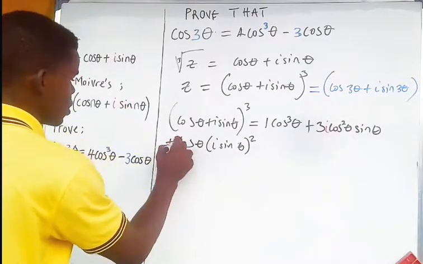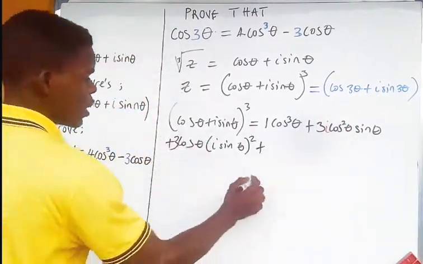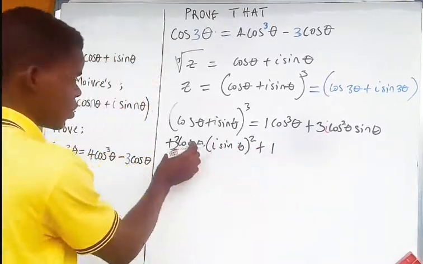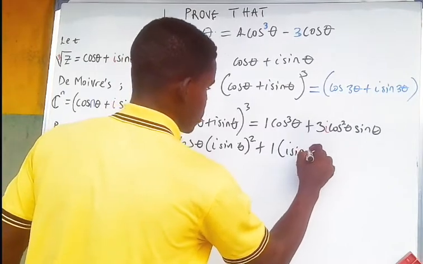Take note of the coefficient here is 3. Then the last, plus 1 times, cosine has reduced and sine has increased, i sine theta cubed.